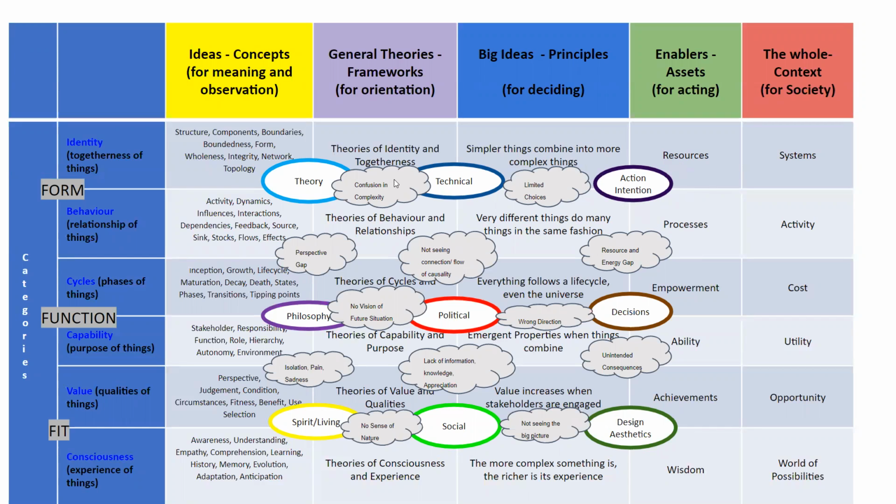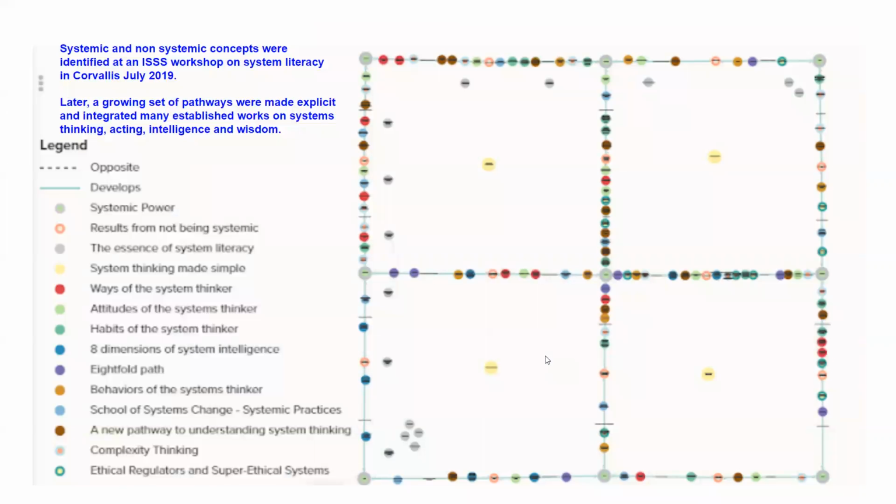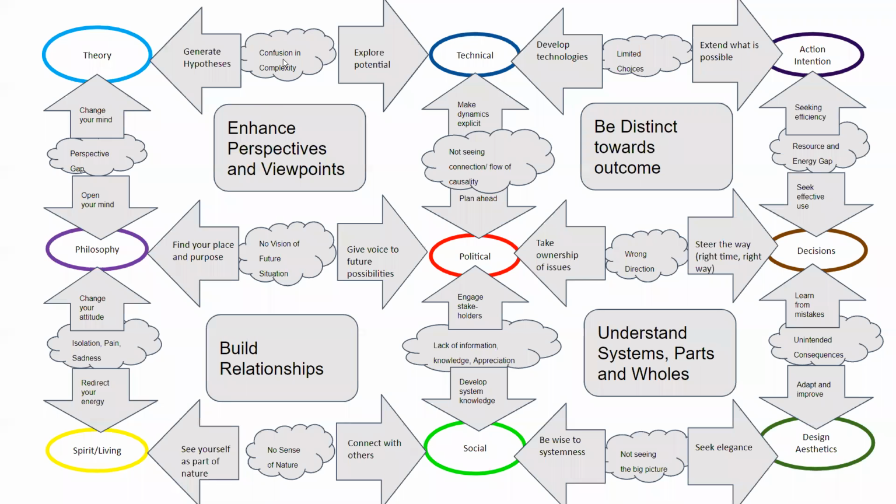So what we've done is we've mapped on lots and lots of different heuristics of systems thinking, systems acting onto this overlay, and that's all been done with Kumo, but what we're then able to do is give names to these pathways which essentially address the pathologies.